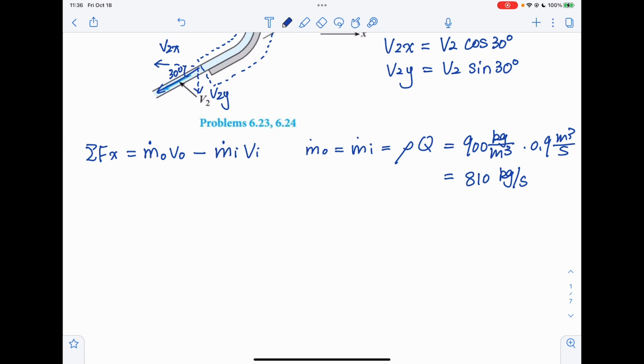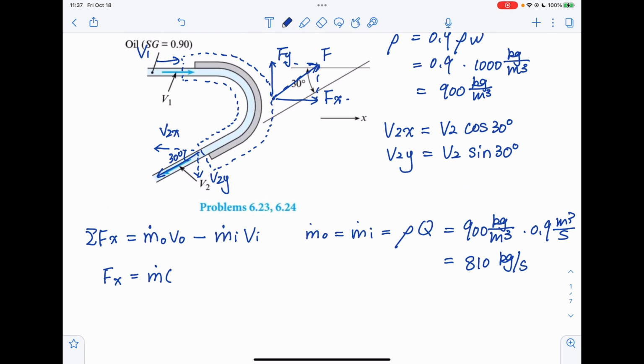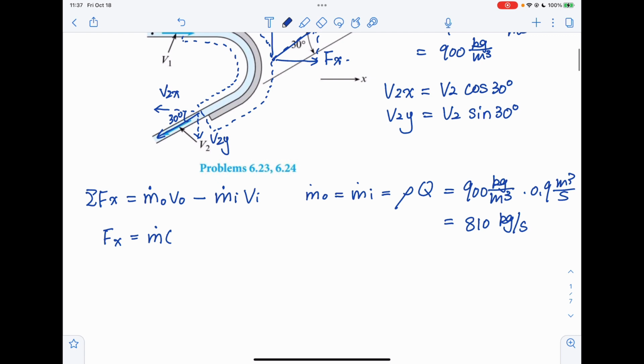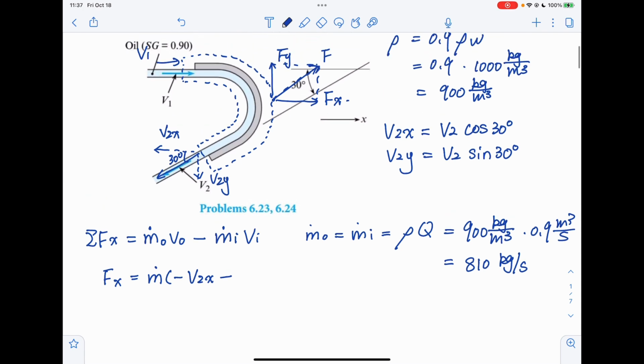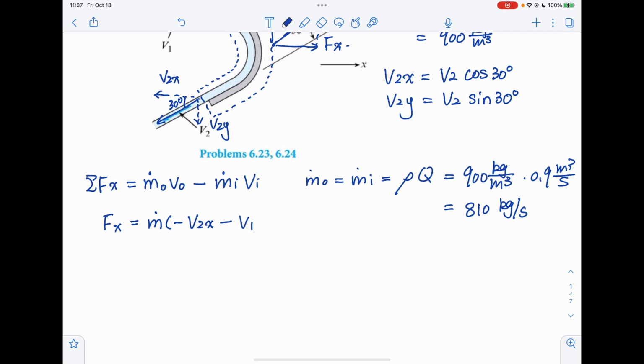Now we can simplify the equation: m dot times the velocity moving out, which is V2x, and it's going to the left, so it's negative V2x, minus V1x, which is equal to V1.